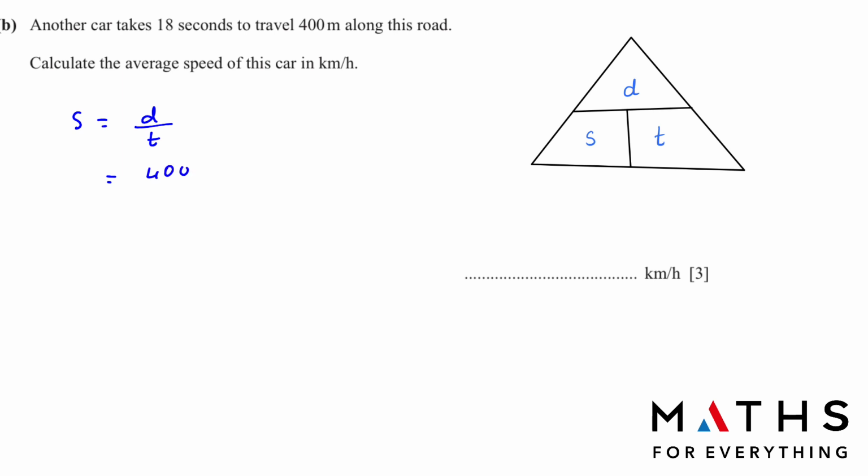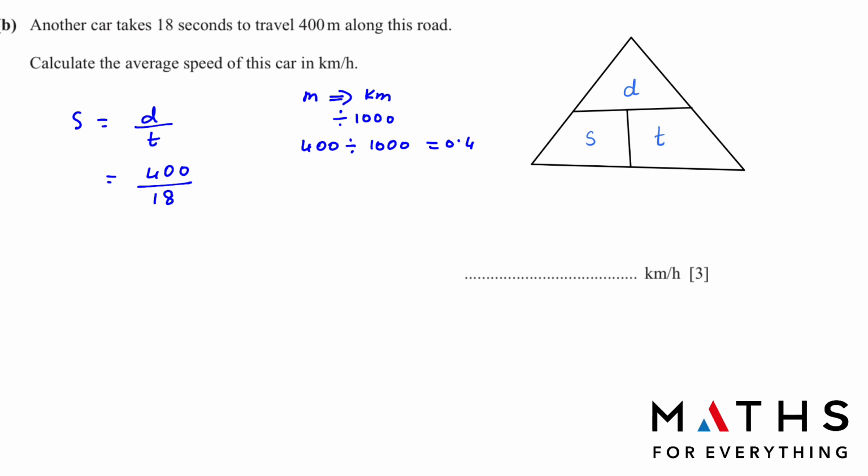Distance is 400 meters, and 18 seconds. Now what you can do here is you can divide 400 by 1000. You can convert your meters into kilometer. When you convert meter into kilometer, you divide by 1000. So 400 divided by 1000 will give us 0.4.